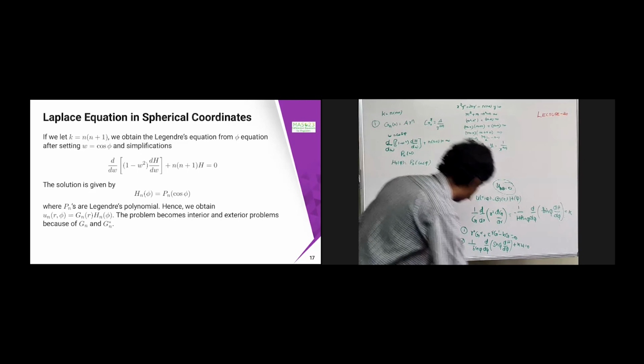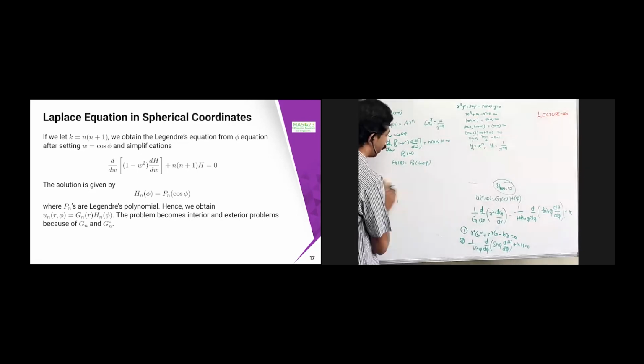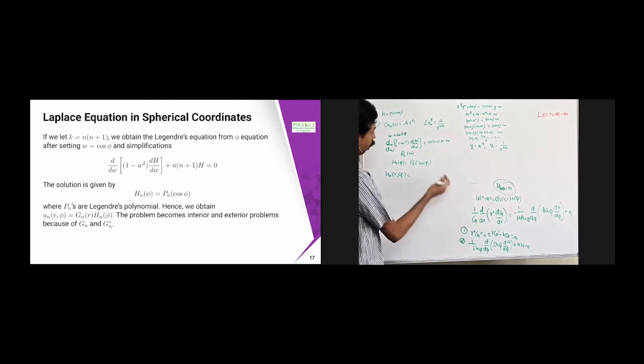So therefore you are going to get your general solution. I can find the eigenfunction. The eigenfunction u_n of r, phi is going to be g of r into h of phi. So I will get two things: one is A into r power n into P_n of cos phi, because I have two different roots.